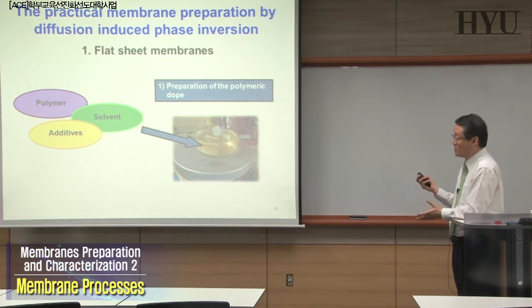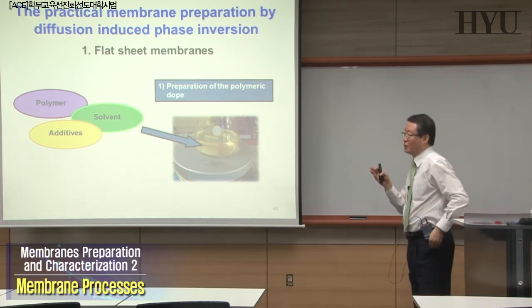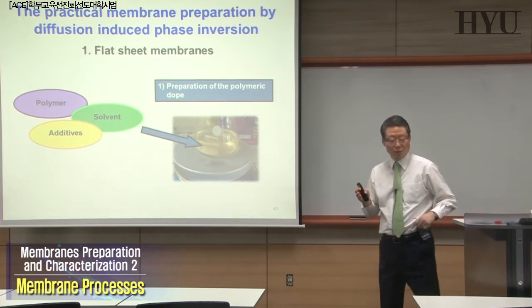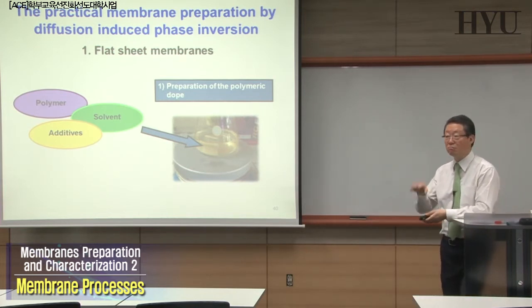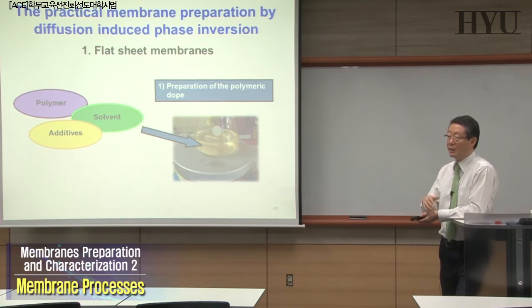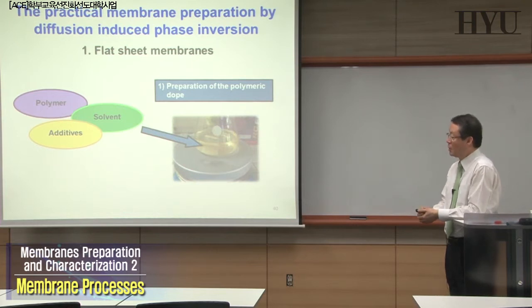NMP was regarded as a very safe solvent because the boiling point of those polar aprotic solvents is close to 200 degrees C, so that at room temperature or at around 50 degrees C, it's not very volatile, so there is no harm to the workers, the operators at the manufacturing site. But NMP will be very harmful if you inhale it or touch it with your skin.